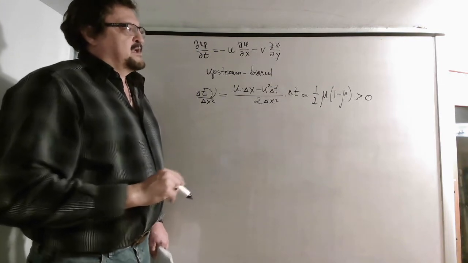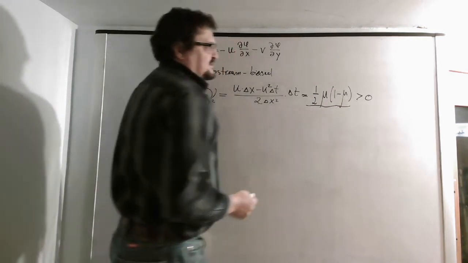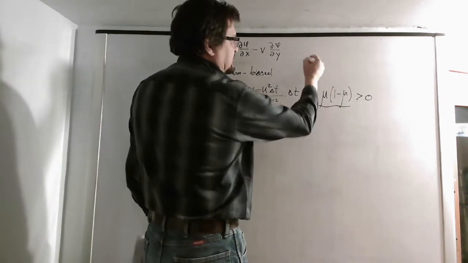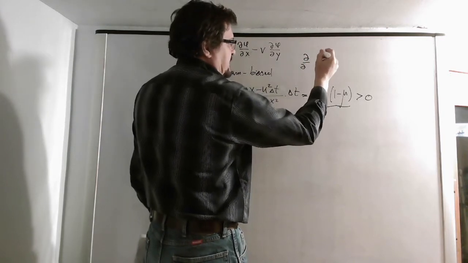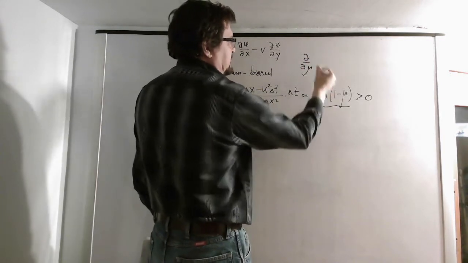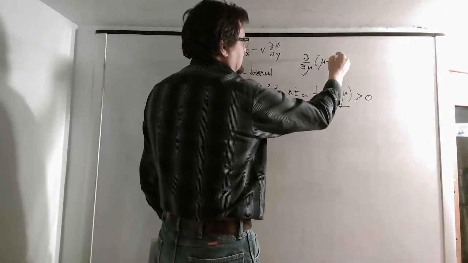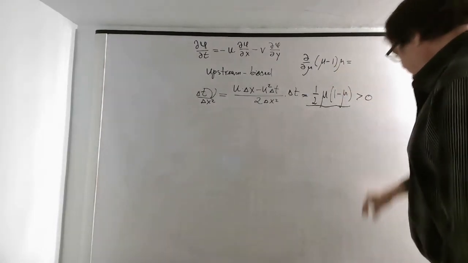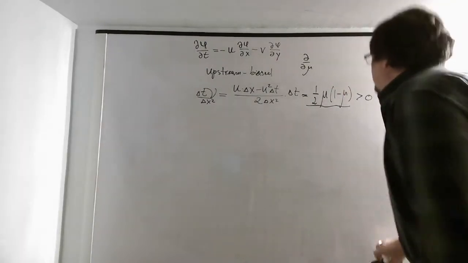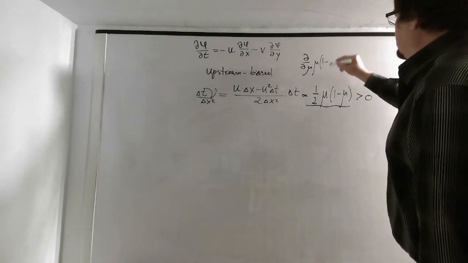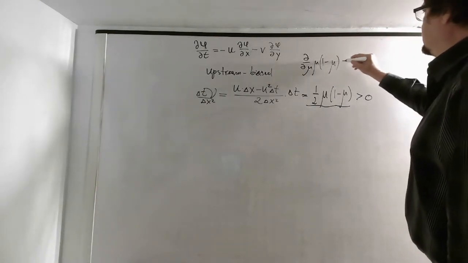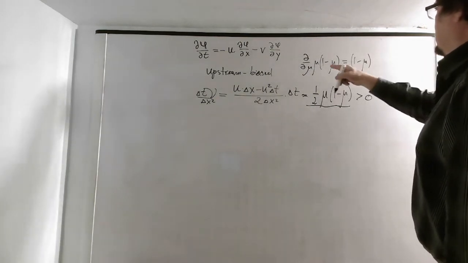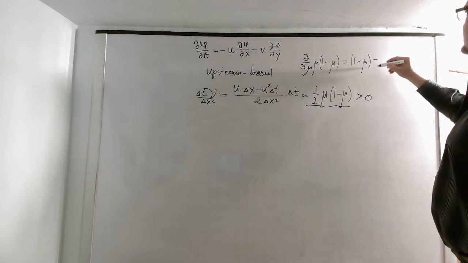But actually interesting, maximum diffusion occurs if you differentiate this, so d d mu, when it's maximum. It's mu times 1 minus mu. So to find this maximum, we differentiate it. We have 1 minus mu and minus mu.